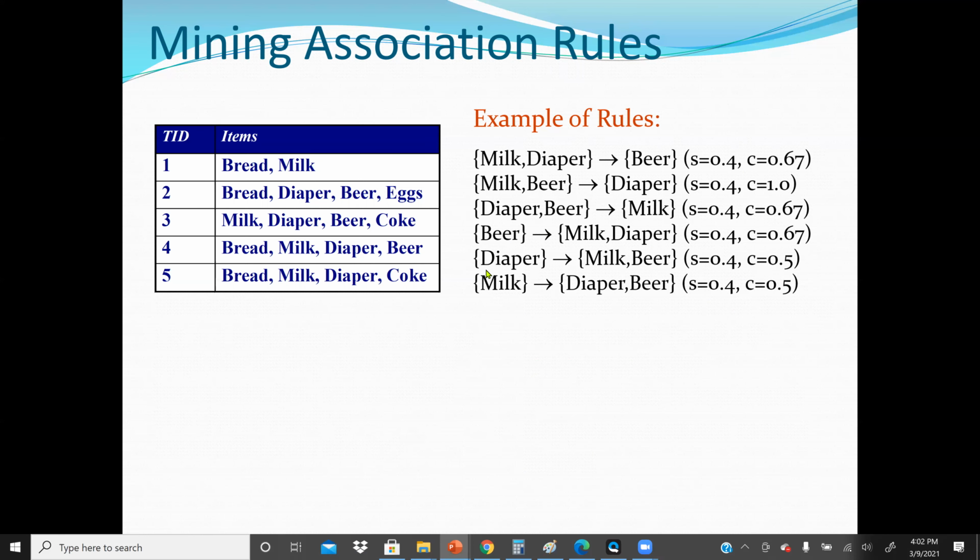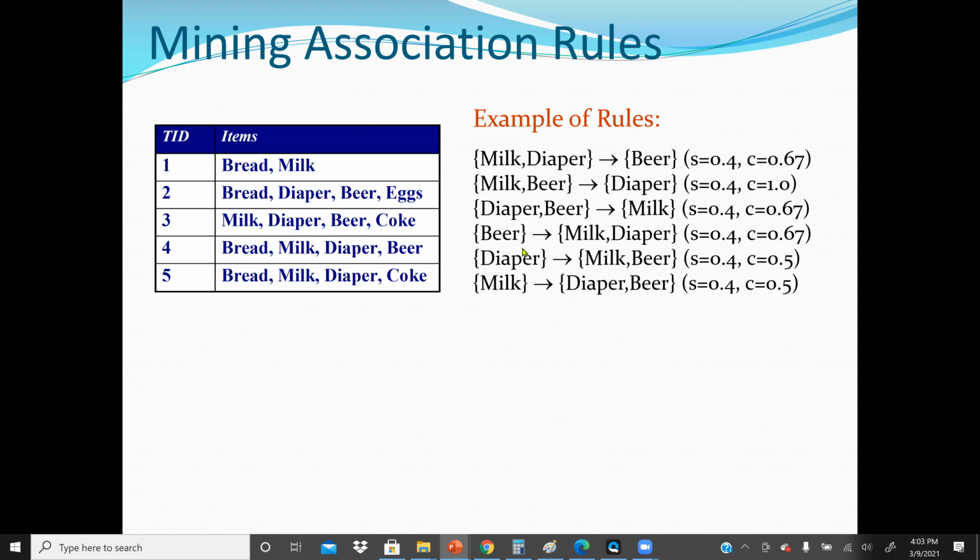Then with milk, beer implies diaper, I'll count how many diapers we have. We have 1, 2, 3, and 4. Which means we divide 2 by 4. Again, milk, diaper, beer, all 3 items together appear purely 2 times.